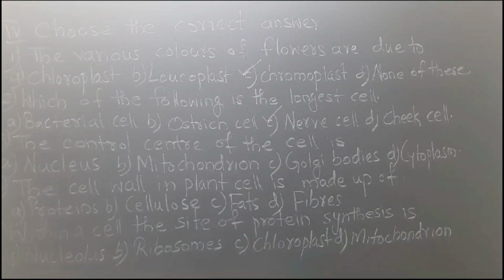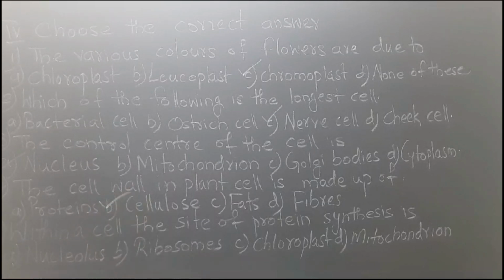Then number 3. The control center of the cell is A. Nucleus, B. Mitochondrion, C. Golgi bodies, D. Cytoplasm. Nucleus is the correct answer. Number 4. The cell wall in plant cell is made up of A. Proteins, B. Cellulose, C. Fats, D. Fibers.